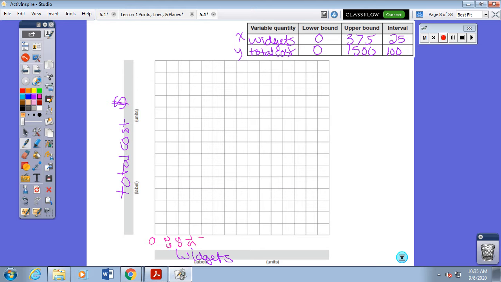I'm going to go by 25s here. 100, 125, 150, 175, 200, 225, 250, 275, 300, 325, 350, 375. Okay, so on the left, I decided to go by hundreds because we had to get up to like 1500.